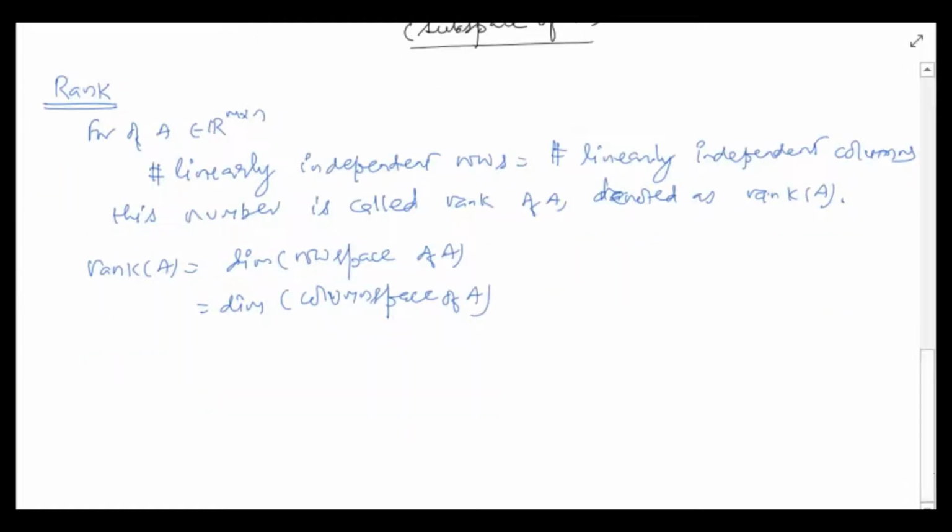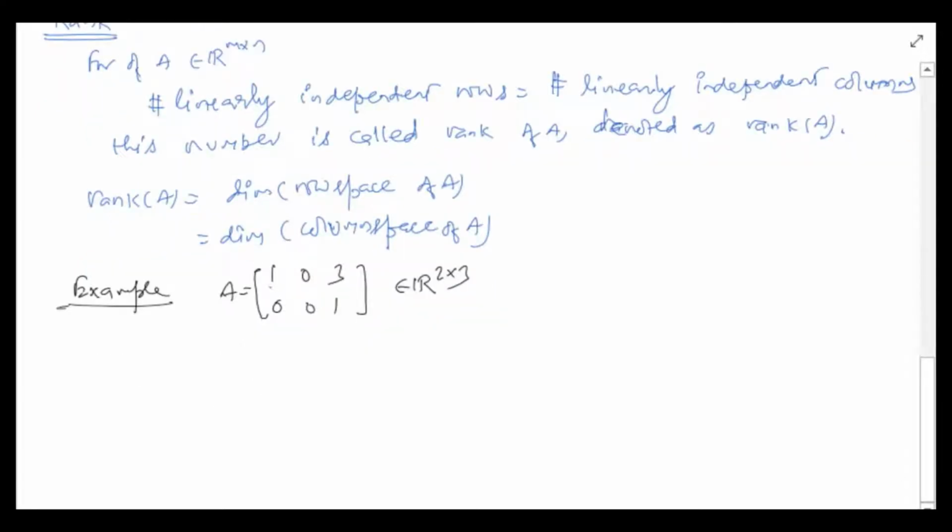Let's consider the same example that we had seen before, that is A equal to 1 0 3 0 0 1. This is a 2 by 3 matrix. Here the number of linearly independent rows is 2.